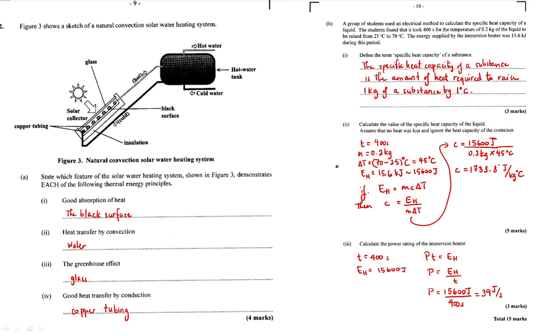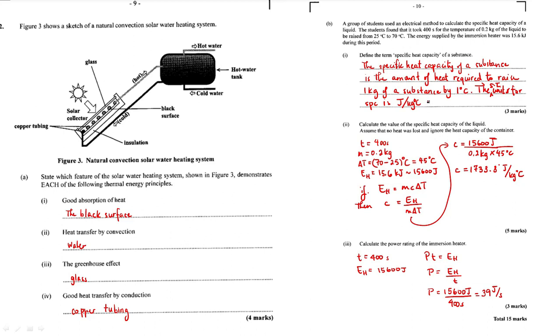You could also put down the units of the specific heat capacity. The SI unit for specific heat capacity is joules per kilogram Kelvin.